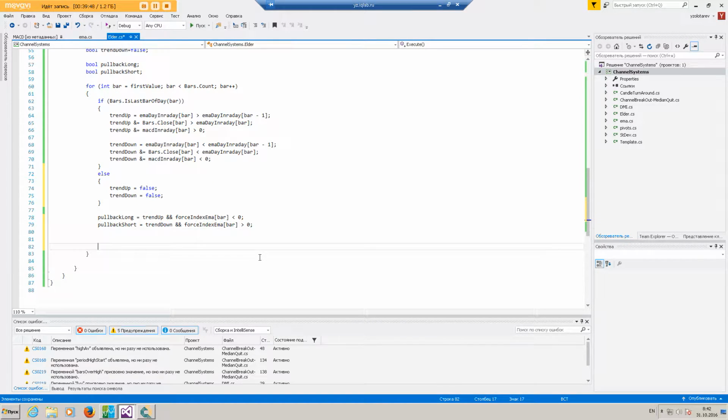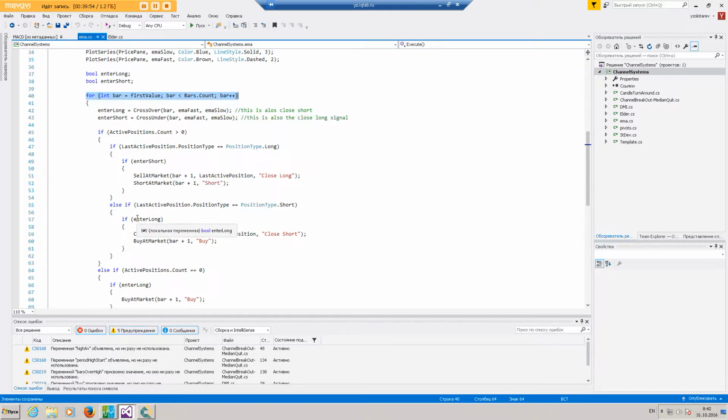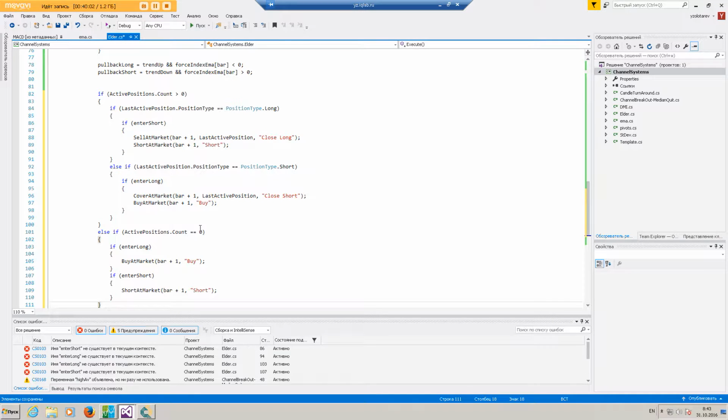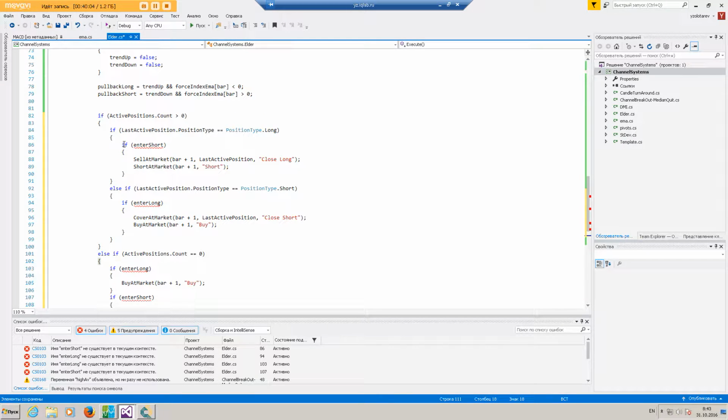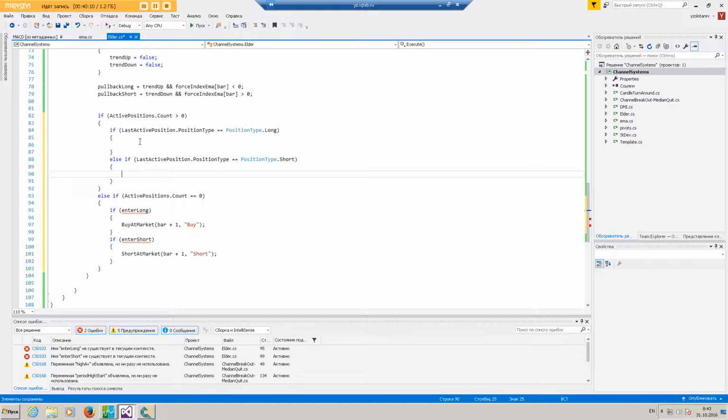And let me just take this, because we're going to need some kind of construction for entering the position. This part above is already when we have a position, and this is when we don't have a position.